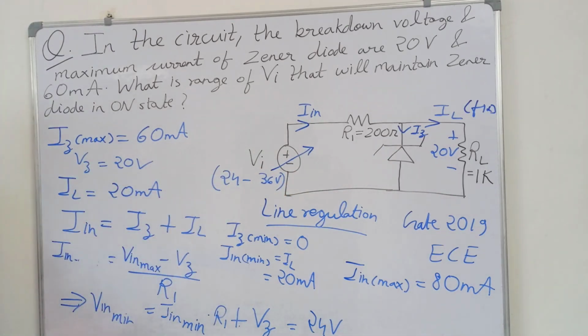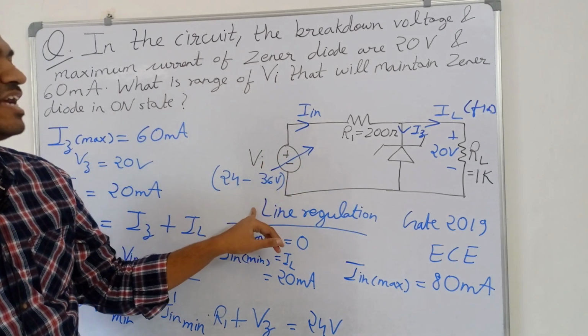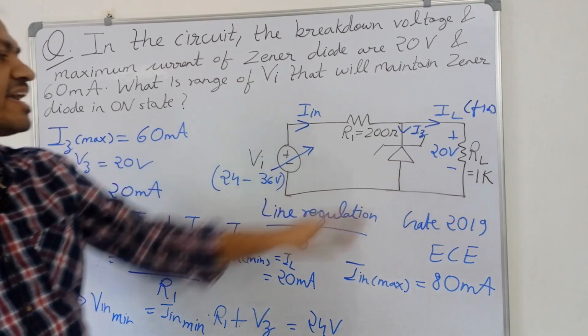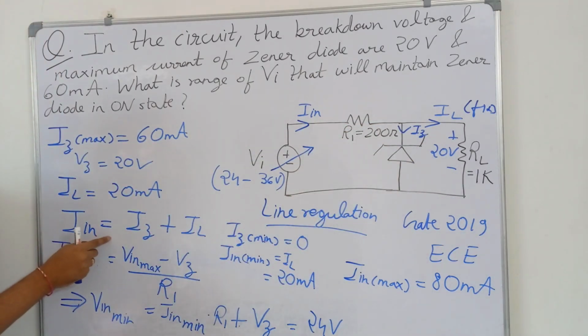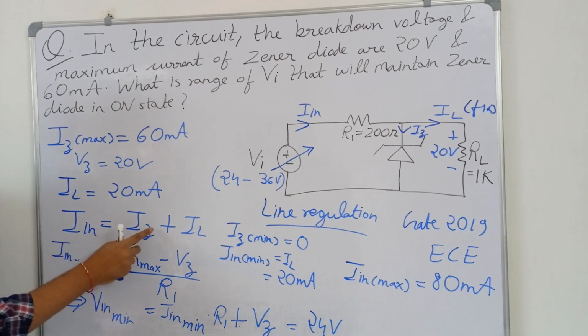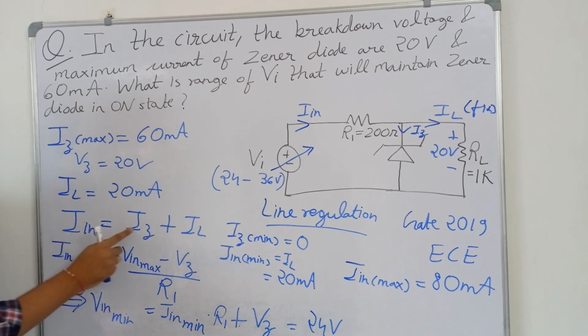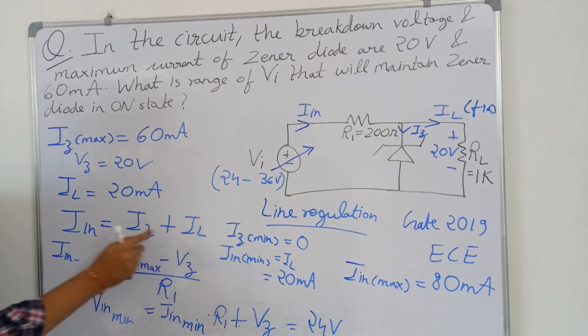If we revise it, Vin is variable, so it is line regulation. These are all the currents. Iin is equal to Iz plus IL. So Iin minimum will be equal to Iz minimum plus IL and Iin maximum equal to Iz maximum plus IL.